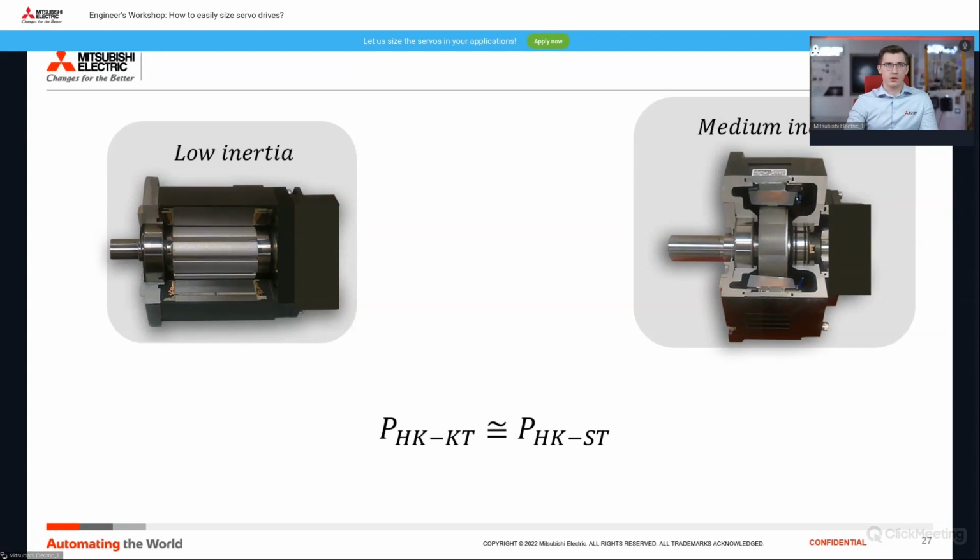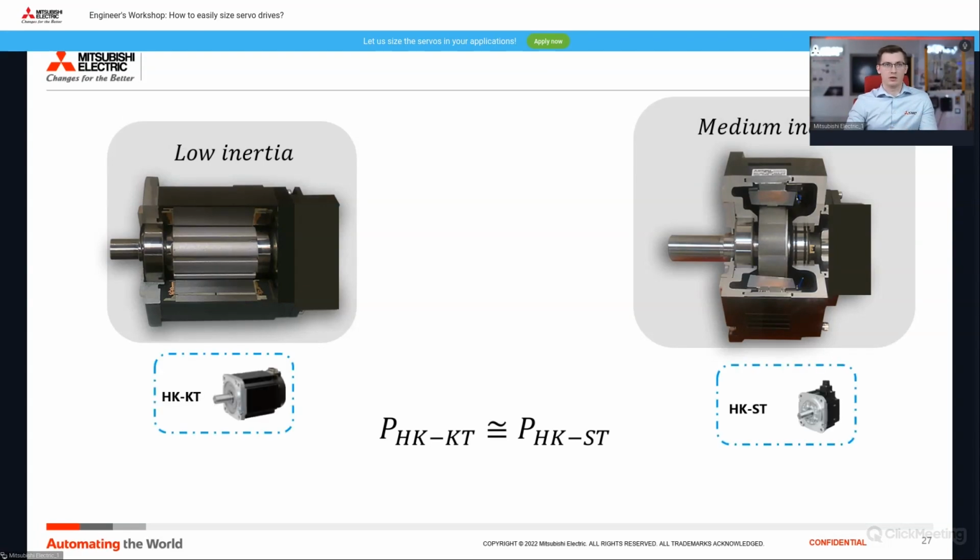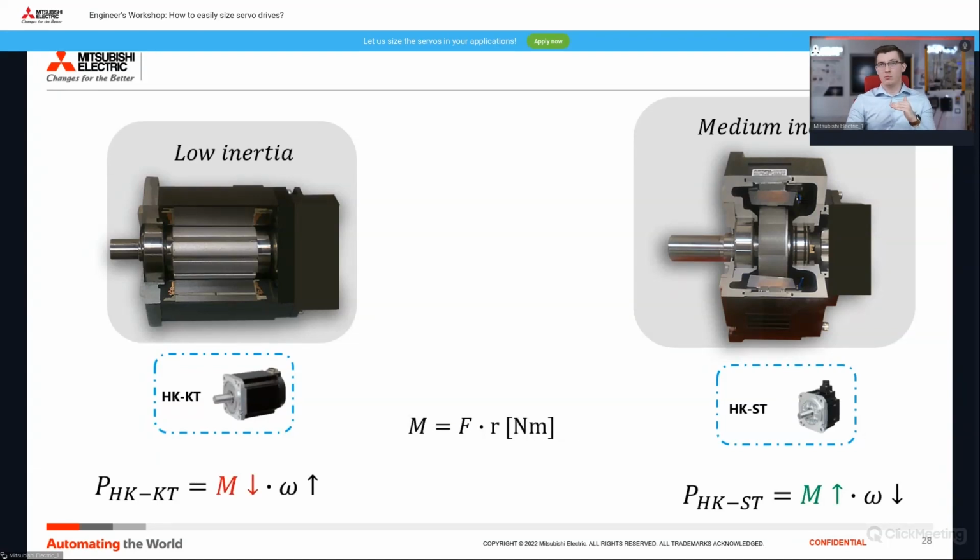What will happen? For example, KT and ST 1 kilowatt. From the medium inertia motors, the ST motors from our portfolio, the torque is bigger, as I said. But because the torque is bigger, the rotational speed has to be smaller.